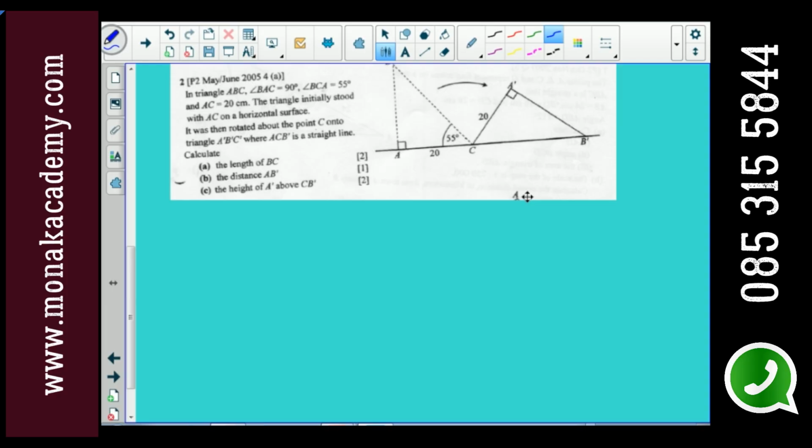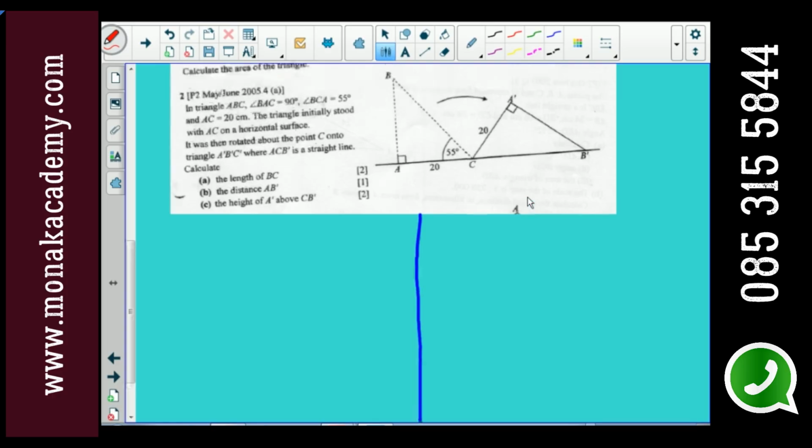Question 2. Question 2 says, in triangle ABC, right? So you can see it because it's drawn for us. Angle BAC is 90 degrees, which is clearly indicated. Angle BCA is 55 and AC is 20.